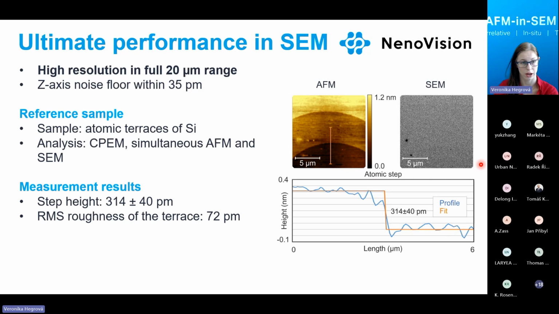What we are having a look at is atomic terraces of silicon, and we measured CoBAM, so simultaneous AFM and SEM analysis. What we see is that the step height is 314 picometers with 40 picometers. And what we measured was the roughness of the terrace, 75 picometers.